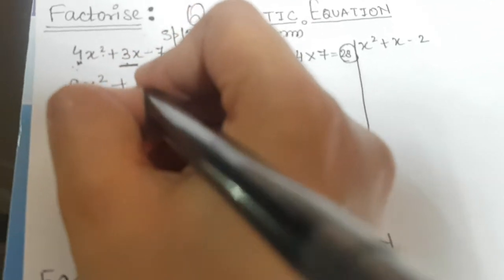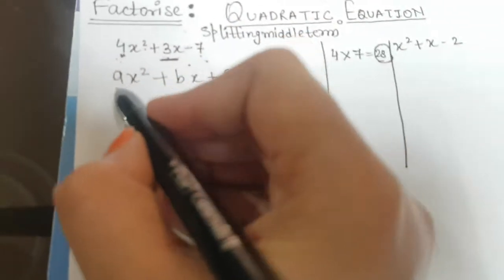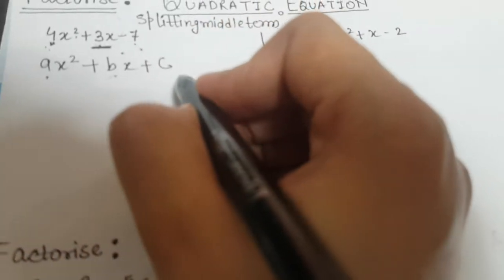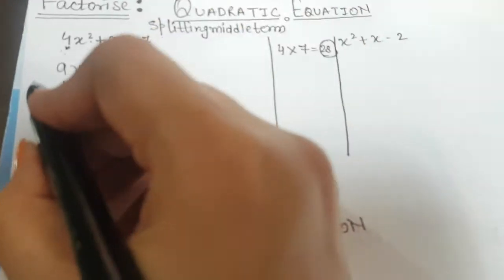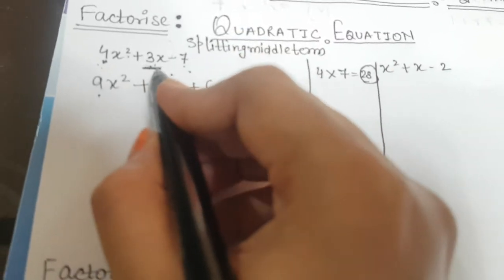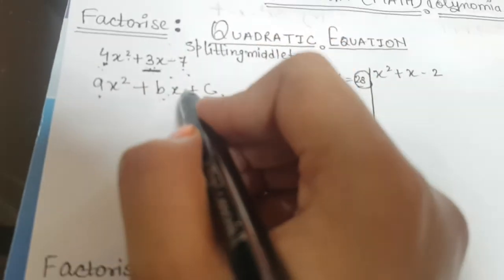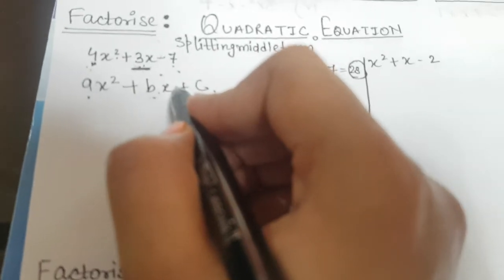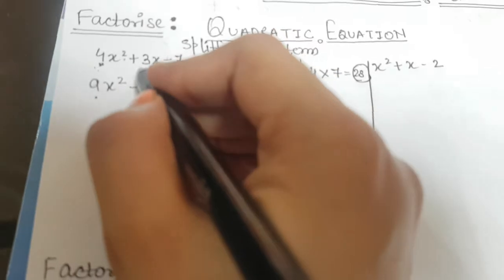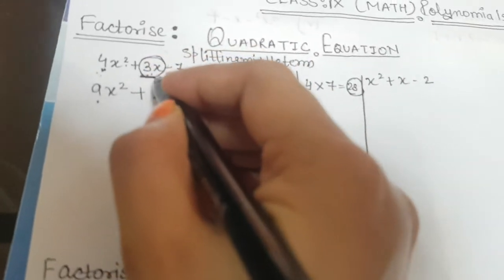Ax square plus bx plus c. Means the first term should be of x square, second should be of x, and the third should be the constant. The sequence should be proper in the equation. If the equation is not in proper sequence, then you write it in proper sequence. So according to this method, we will split the middle term.